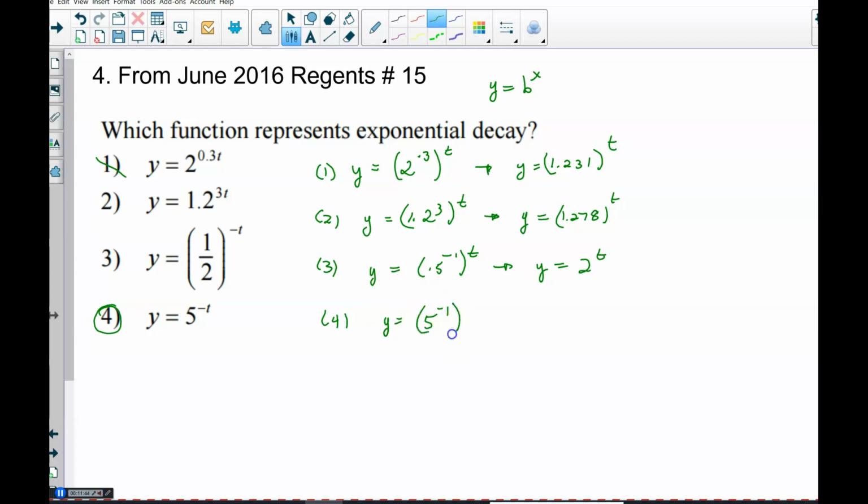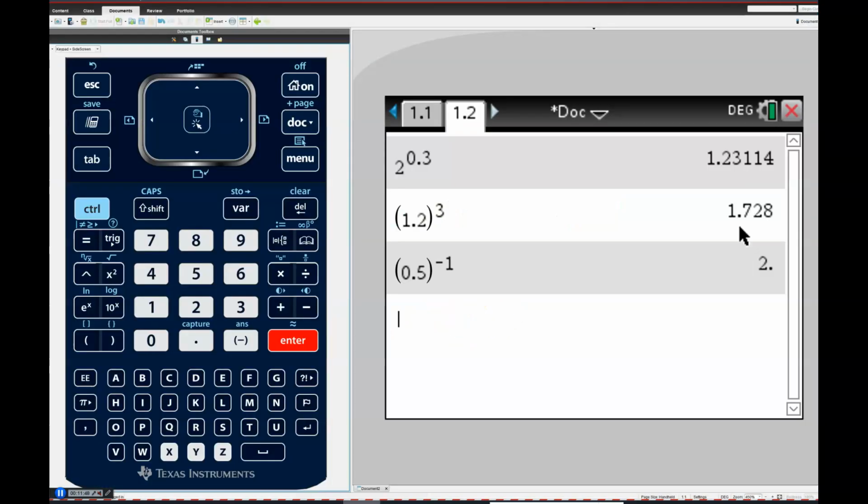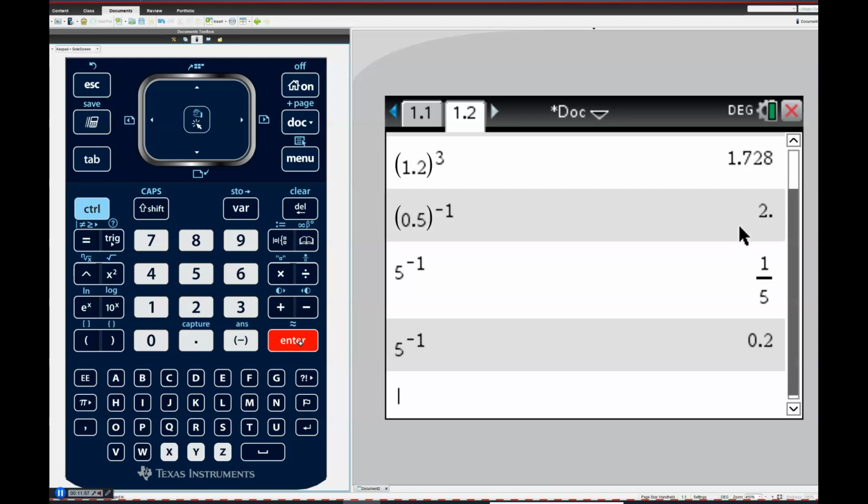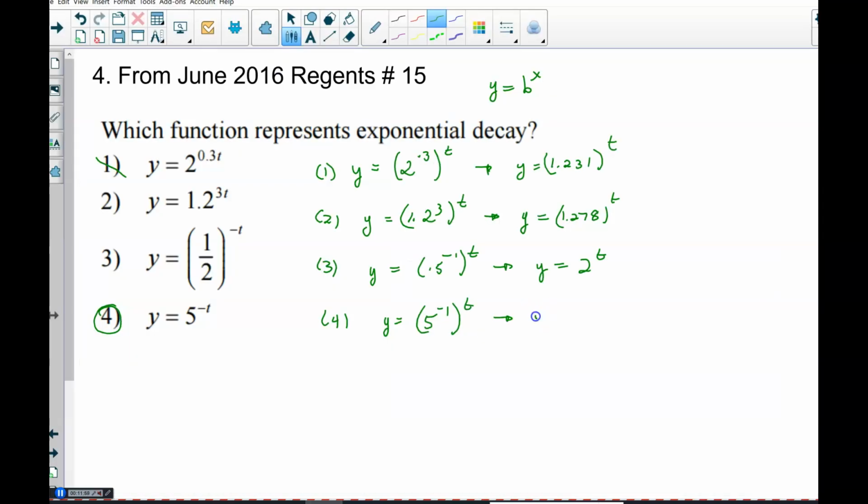We're going to bring that negative 1 inside. So now we can rewrite the base as 5 caret negative 1, or 1/5, which as a decimal is 0.2. So now we can see that that base is between 0 and 1, and therefore we can define it as decay.